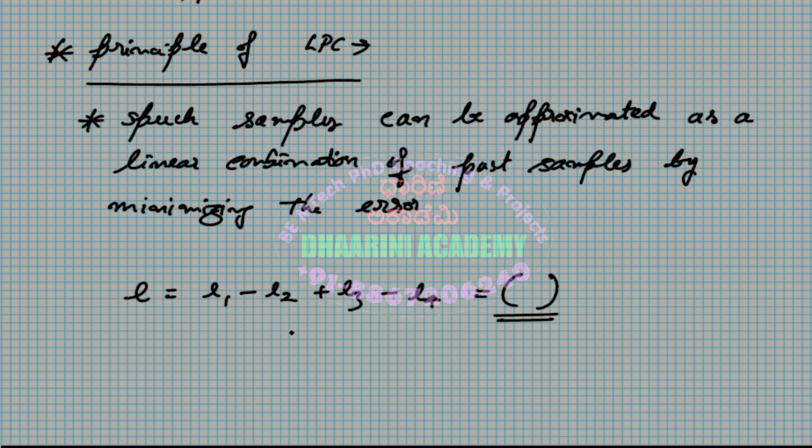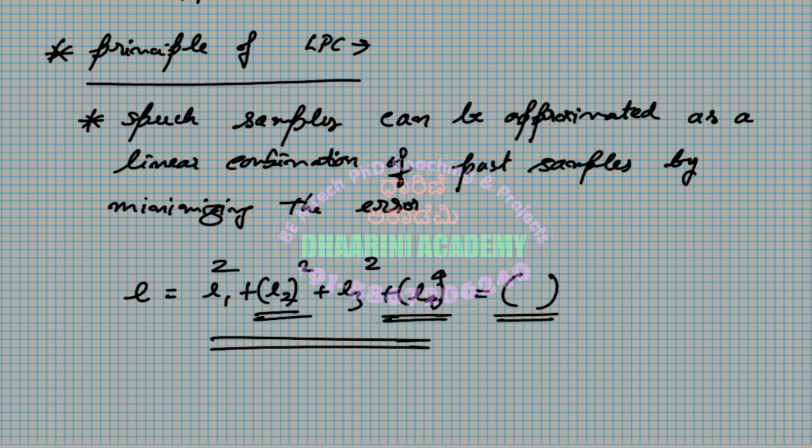Whenever I do this, plus e2 minus e4, you will see that error reduces, but actually it's not reduced. Error is there and error is negative, that's all. So in order to compensate that, I'll square every term. So this becomes plus e2 square, e3 square, plus e4 square. Now you see everything is positive and its magnitude is being recognized. Are you getting the point? So that's why we square it.